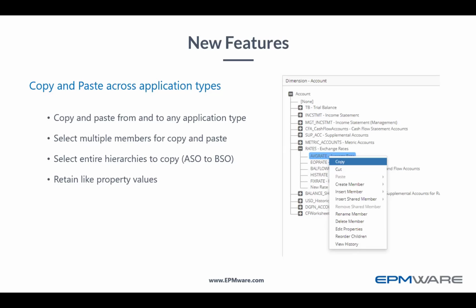It'll pull all that over, and when it gets to the target hierarchy, it'll retain all of its target properties and just populate the member name and the description. So, a pretty detailed use case there, but in a case where you have to do manual metadata updates between applications, this can definitely help.